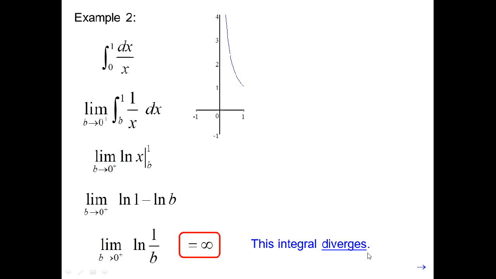All right, now what's going to happen here is that at 1, we're going to have an undefined value. We're going to have a 0 on the bottom. So we're going to actually have to split this up into two integrals and do two different integrals that are both improper.